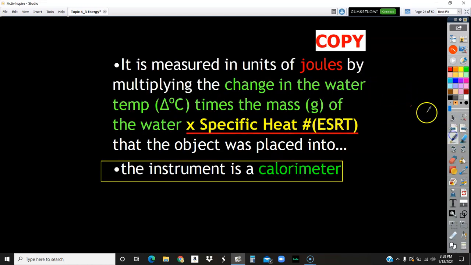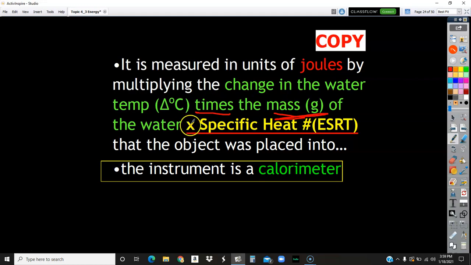So heat is measured in a unit called a joule. Joules. So they're called joules. And there's three things you have to multiply. You have to multiply the change in temperature of the water, so how many degrees did the water go up or down, times the mass of the water. How many grams of water do you have?